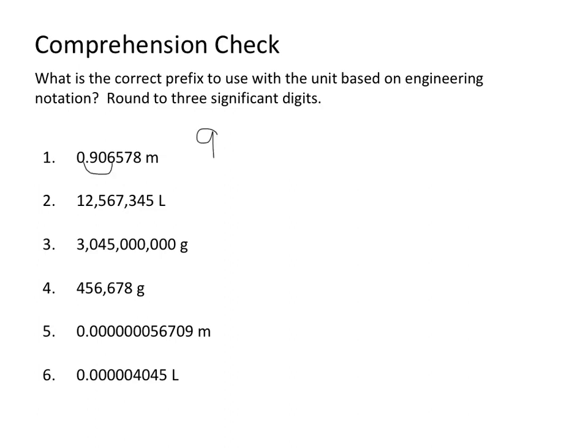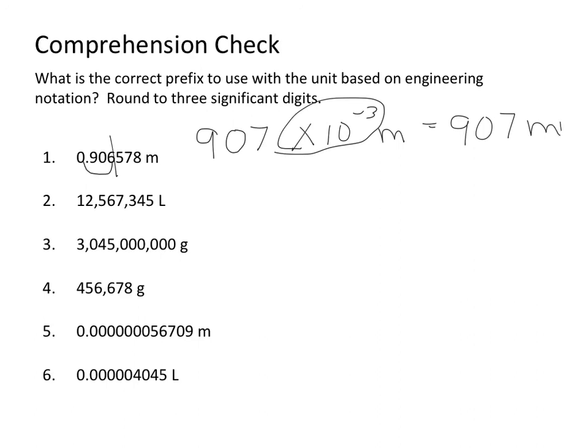So I have 906.578, but to round to 3 significant digits, I'm going to look to the right of the 6. It's greater than 5, so 907 times 10 to the negative 3 meters. And then to replace the times 10 to the negative 3 with the correct prefix, that would be 907 millimeters.